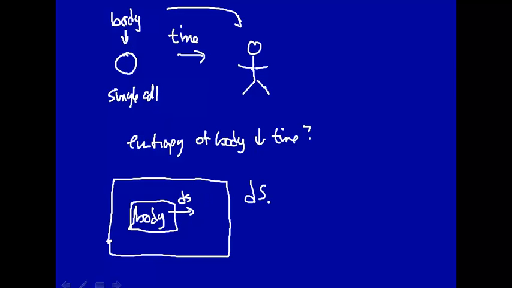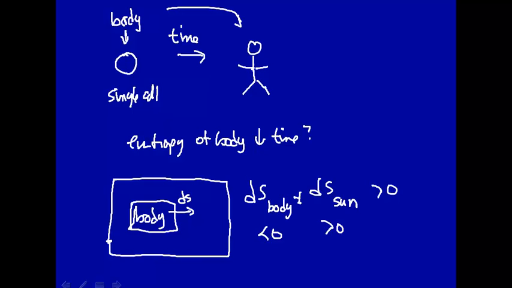So the entropy change of our body plus the entropy change of our surroundings, like the air, the world, and so on, has to be greater than 0. So if this is less than 0, this has to be greater than 0, and it also has to be greater in absolute magnitude than the entropy we're pumping out of our body. So we're creating additional entropy in the universe, our surroundings.